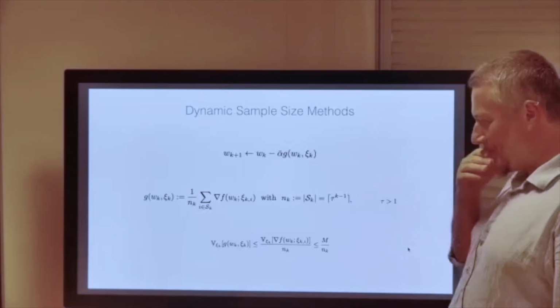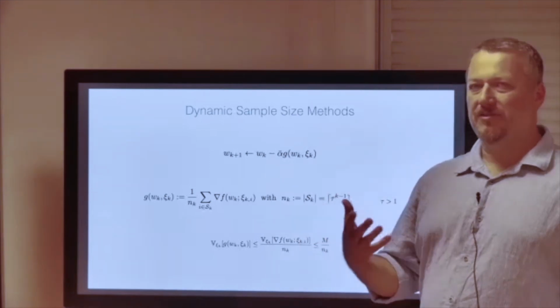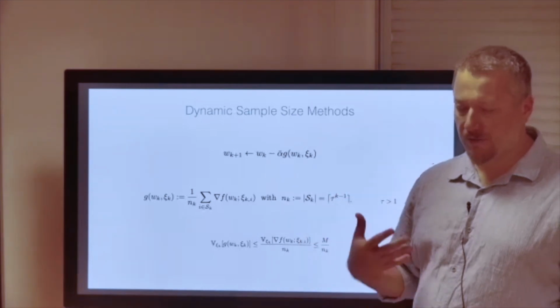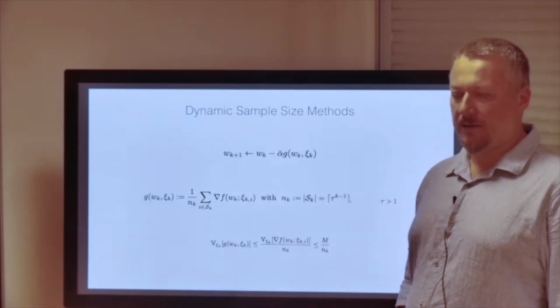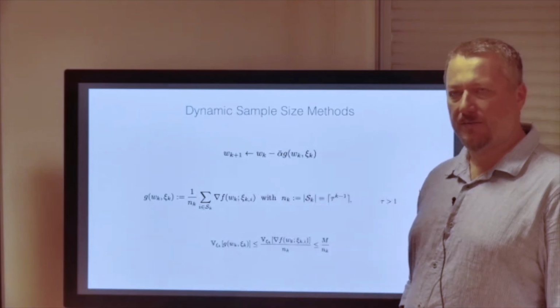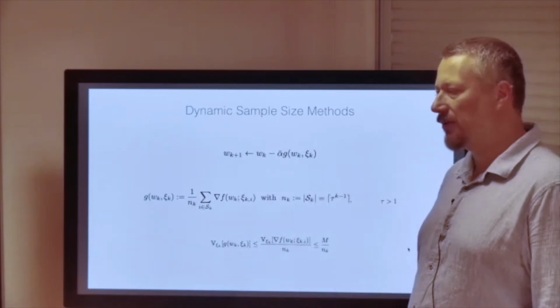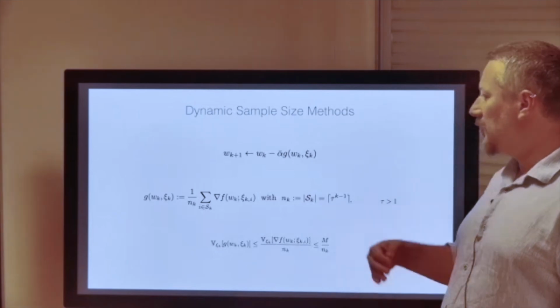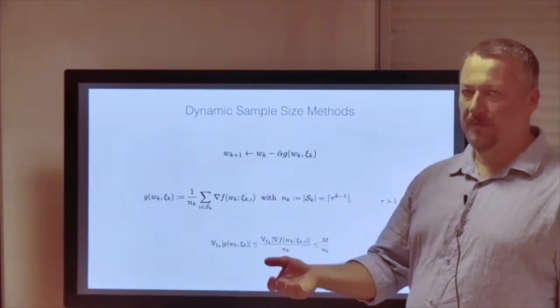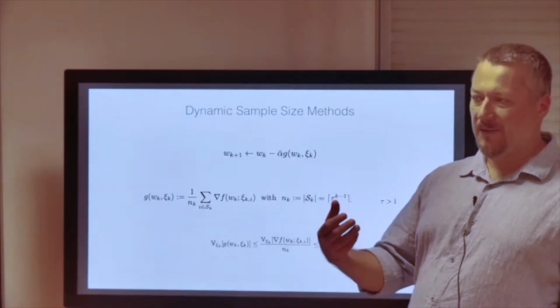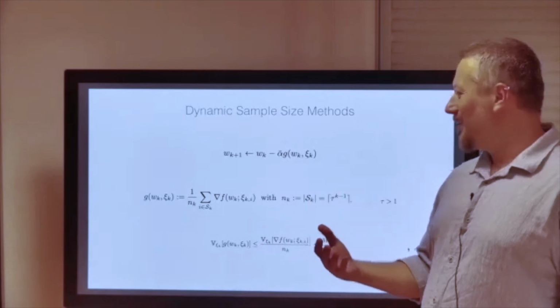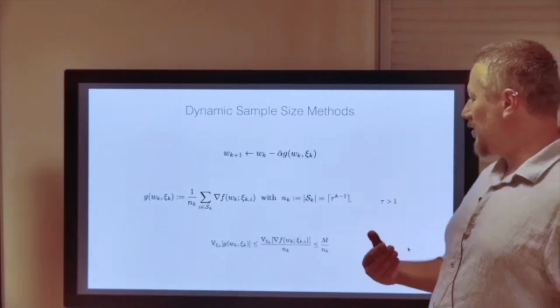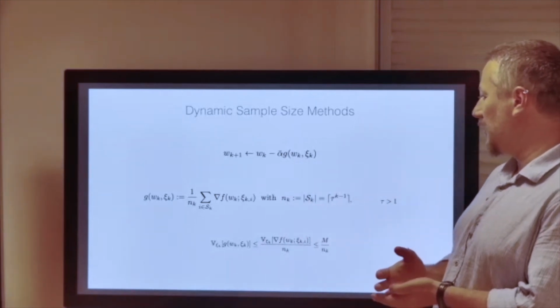Instead of choosing one mini batch size and sticking with it all through the run of the algorithm, you increase the size of the mini batch cleverly, so that you reduce the variance.